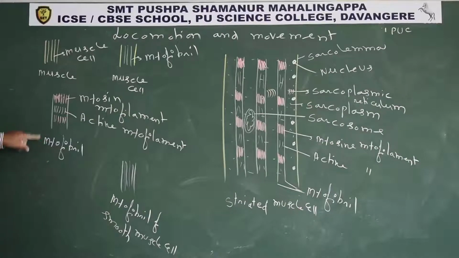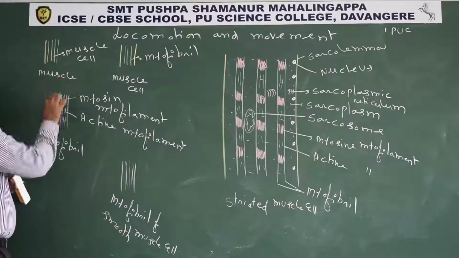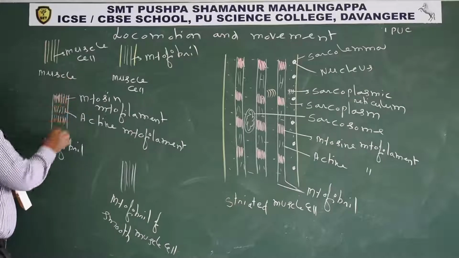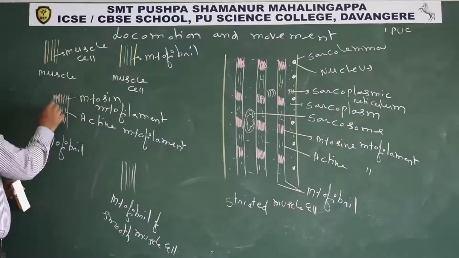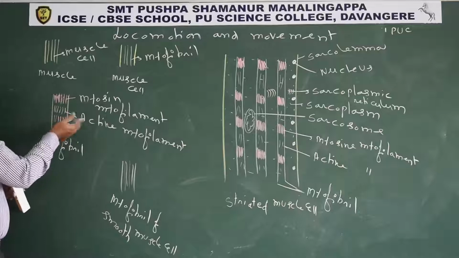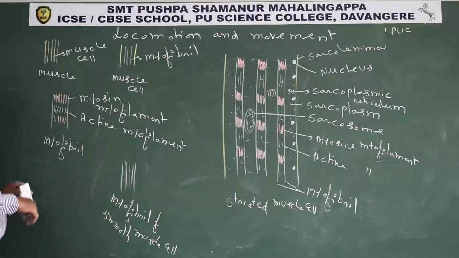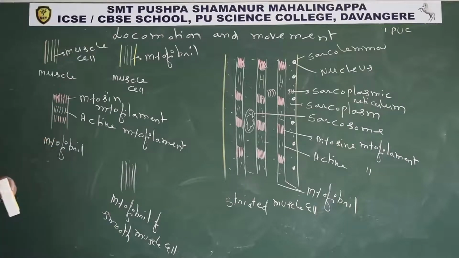In striated and cardiac myofibril, myosin and actin myofilaments are arranged alternately. The part of the myofibril containing only myosin filaments is known as the A band. The part generally containing only actin myofilaments is known as the I band. A band and I band are arranged alternately.